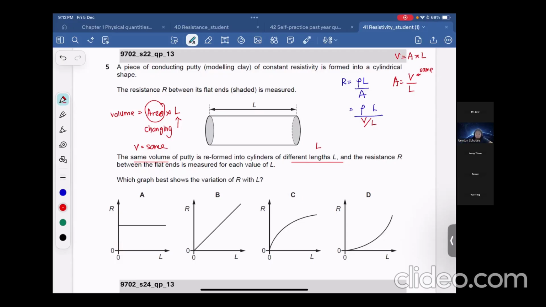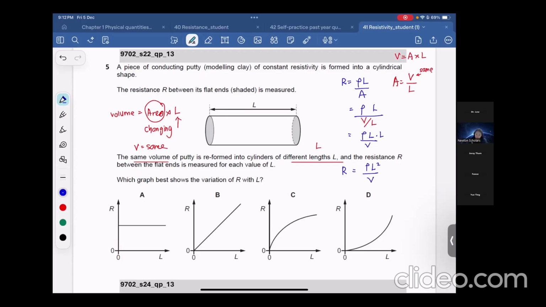If we turn it upside down, it is rho L times L divided by volume. The L goes up. So R equals rho L squared over volume.